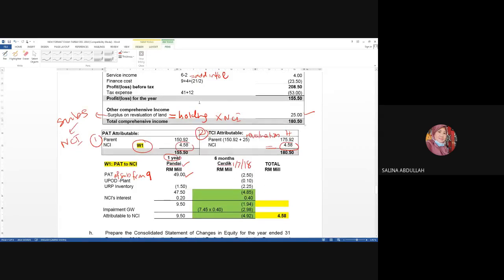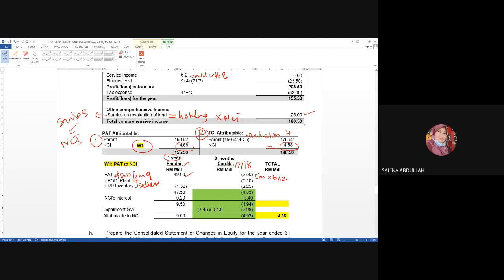So this is basically 5 million times 6/12, because this subsidiary was acquired during the year. And then remember, adjustment for plant and inventory here, because seller is actually subsidiary.